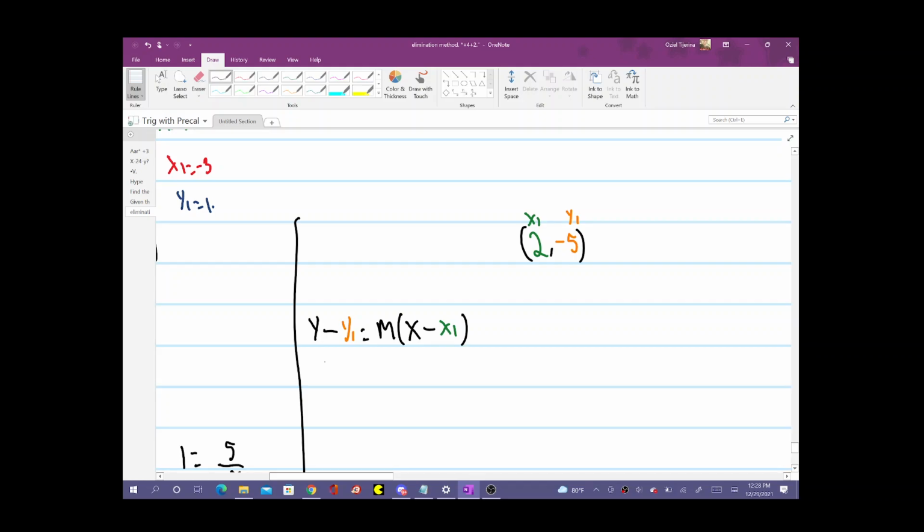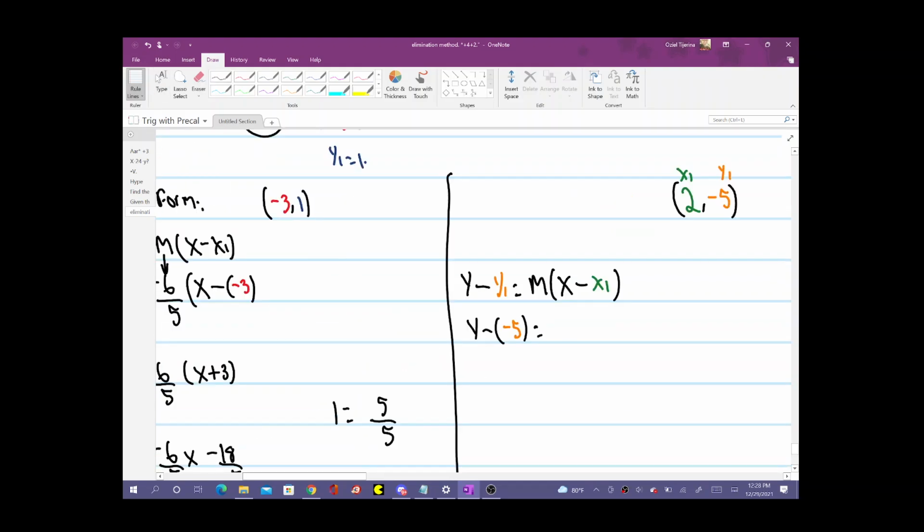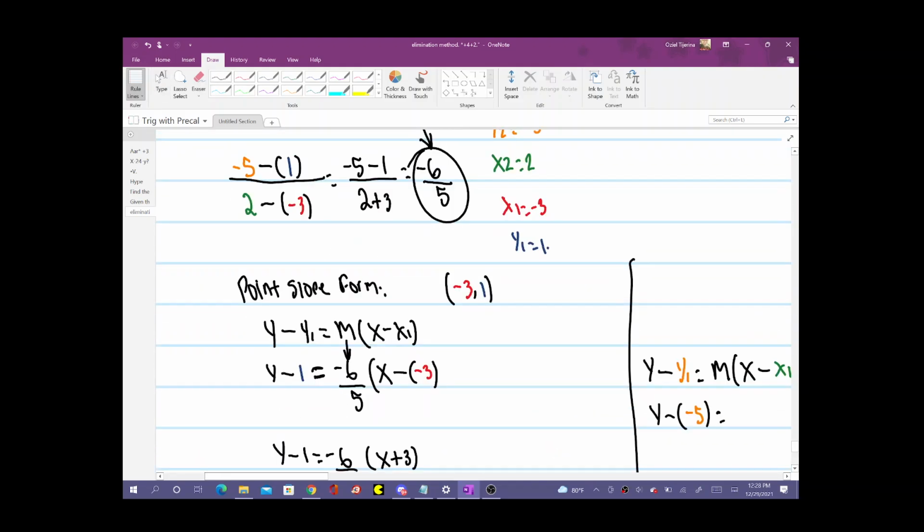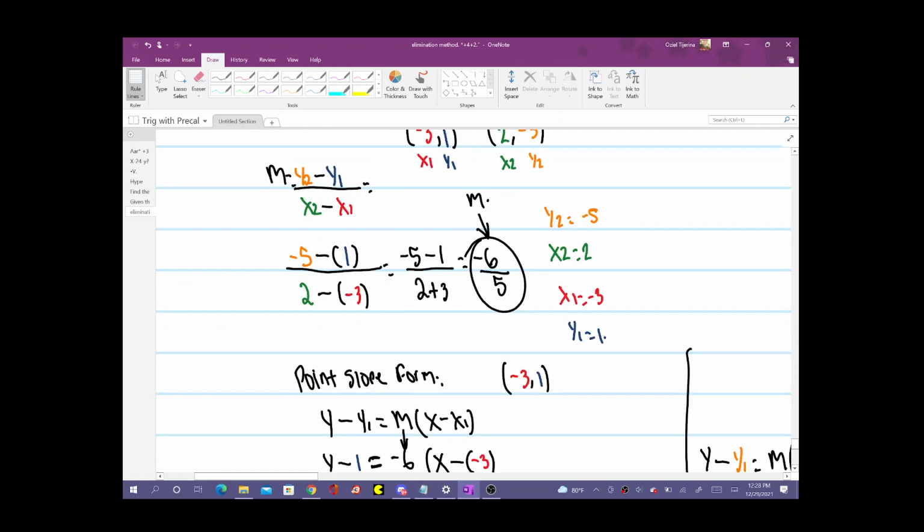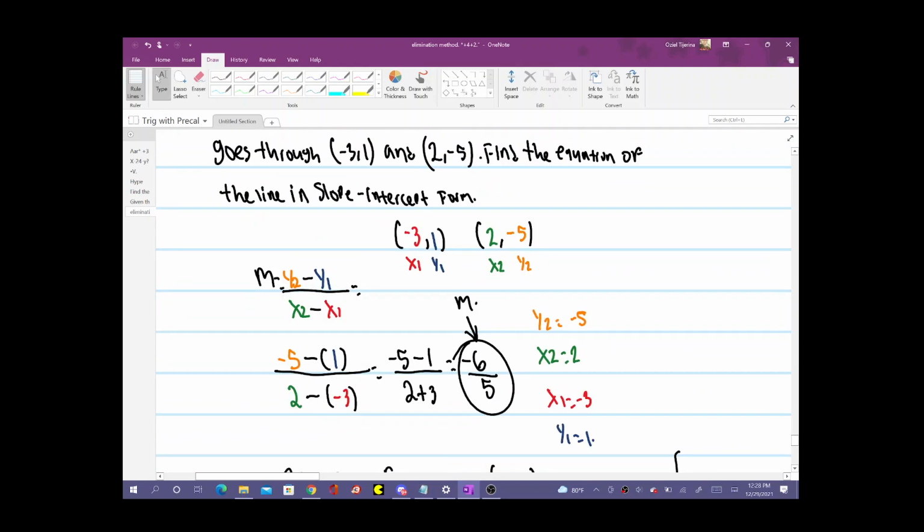So basically, you have y minus negative 5. And like I said, we found our slope. Our slope m is negative 6/5, because we did it right here. This entire part is how we found our slope.